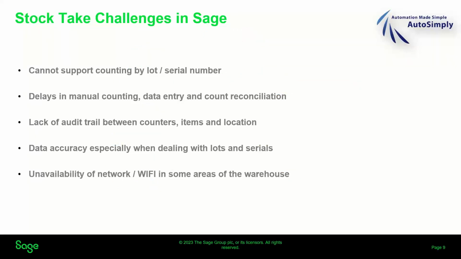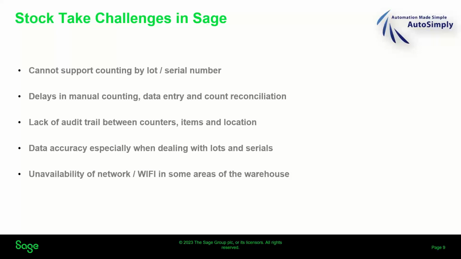Now, if we focus for today on the stock take challenges in Sage, for those of you who are using Sage Inventory Control for the physical inventory routine, where you do your worksheets and the inventory counts, one major limitation of Sage is that it cannot count by lot or serial.